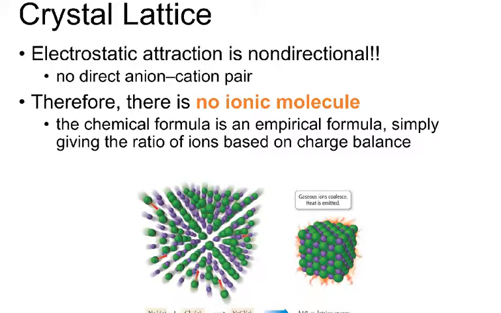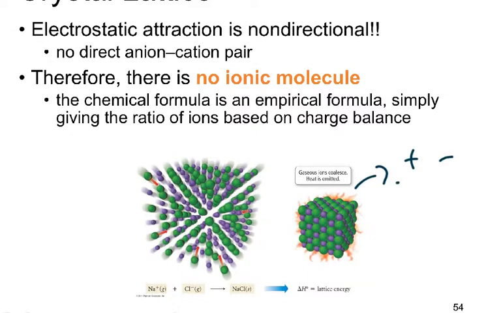Every anion is surrounded by cations and cations are surrounded by anions. And so a lot of energy is given off because of the amount of positive and negative charges that are brought in close together. So that extra energy given off is called the lattice energy.